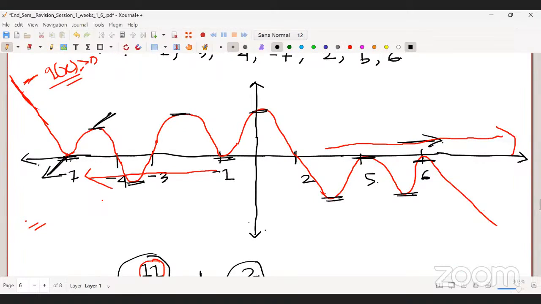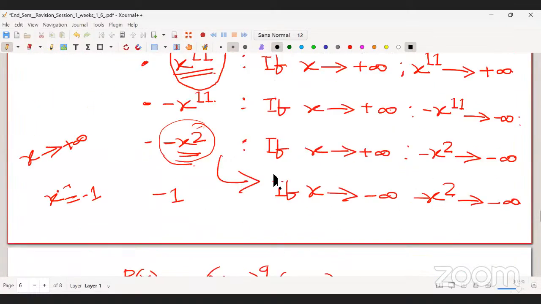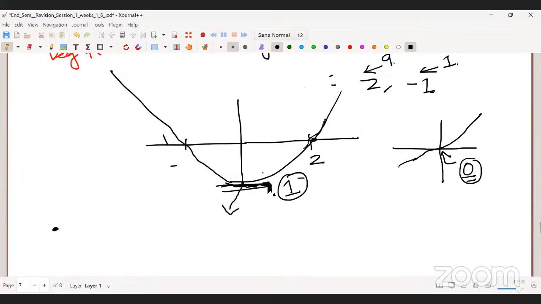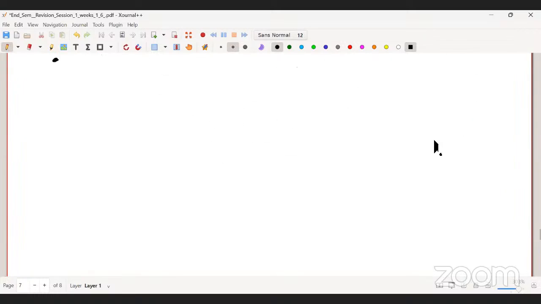This is a point of local maxima. Local minima, local maxima, local minima, local maxima. We are considering all the points which are either a local maxima or minima. This point is neither a local maxima nor a local minima. So that's why we are not considering these points.